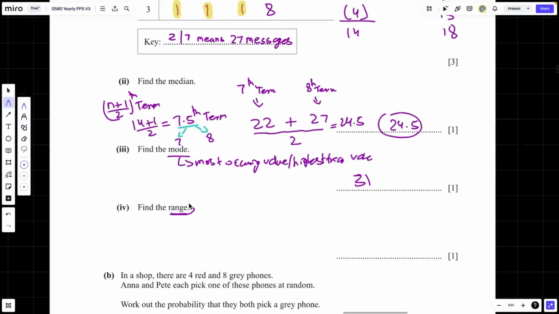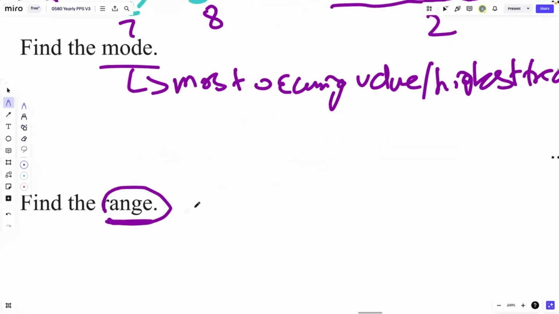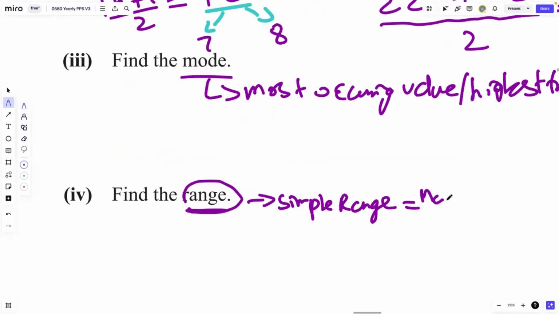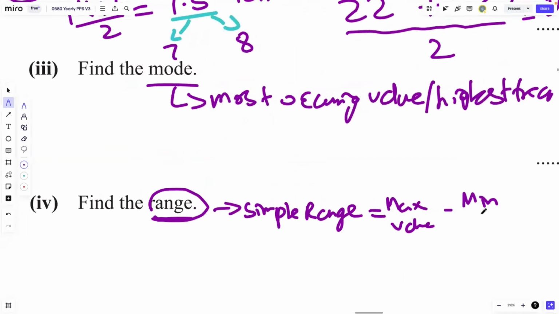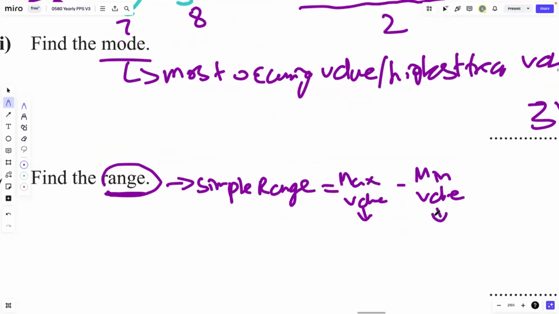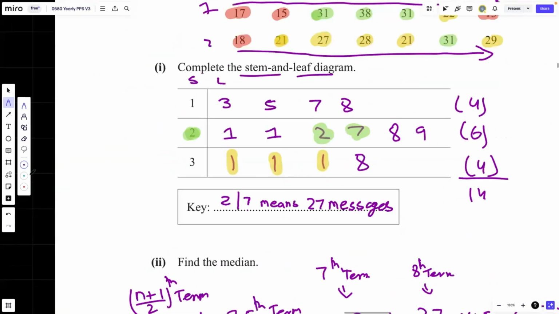Range. Now this is actually simple range, not interquartile range. The formula is straightforward: max value minus minimum value of your data. So what do we have as the max and minimum value? This is very easy to see.